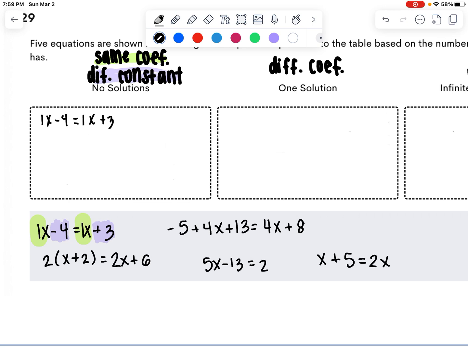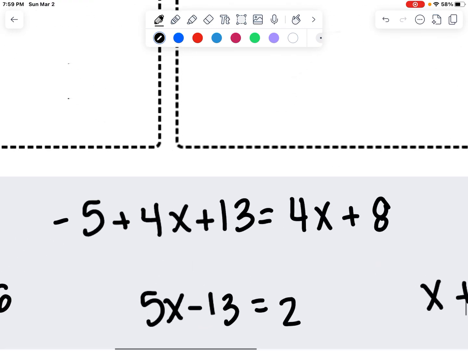Remember, if there is anything to distribute or like terms to combine, that we need to do that before we start making any decisions. So if I'm looking at this top one, I have a 13 and -5 that I need to combine first. So 13 and -5 give me 8.